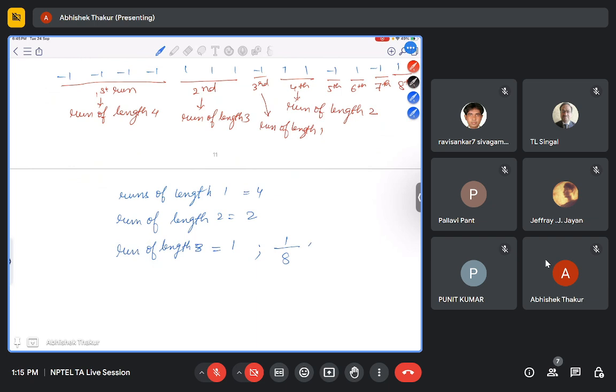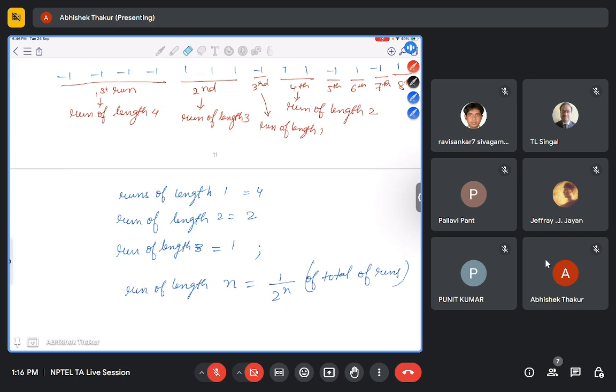So the formula comes here: 1 by 8 into the total runs of length 3. We can write the common formula: run of length n is equal to 1 by 2 to the power n of the total number of runs.